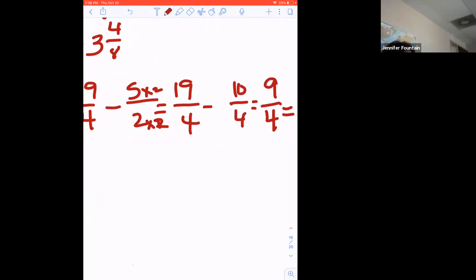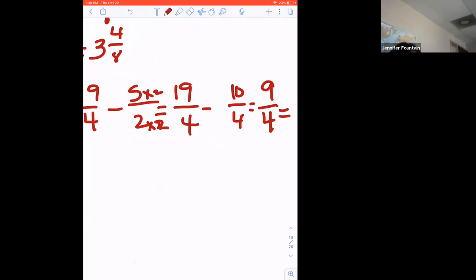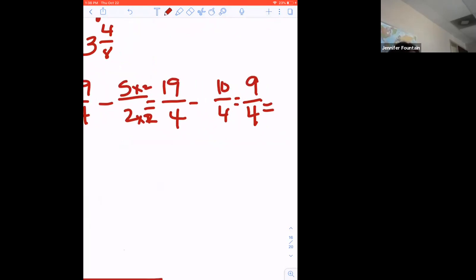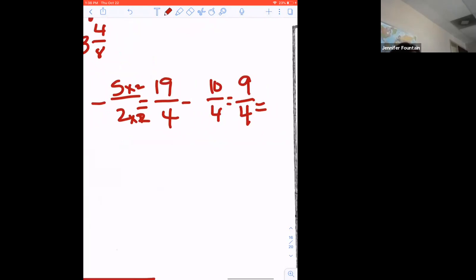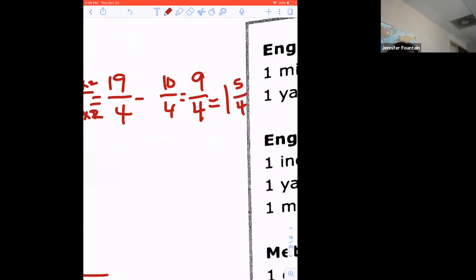So to be able to change 5 halves into an equivalent fraction, I multiply the numerator and denominator both by 2. So 5 times 2 is 10 and 2 times 2 is 4. So now I have 19 minus 10 is 9, and I keep my denominator of 4. 4 will go into 9 one time. 1 times 4, 9 minus 4 is 5.